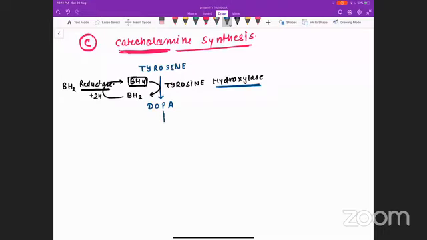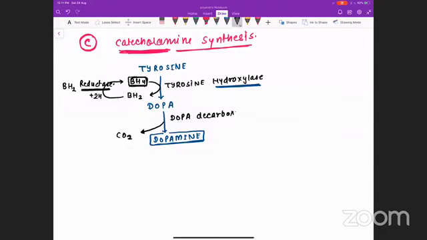Then this dopa can convert into dopamine. So this is a catecholamine that we want to synthesize, dopamine. When the dopa converts into dopamine, we need to remove carbon dioxide. So it is a decarboxylation reaction, and the name of the enzyme is dopa decarboxylase.